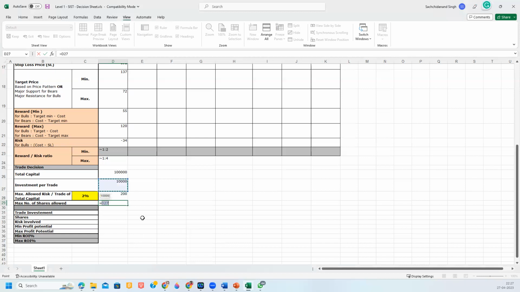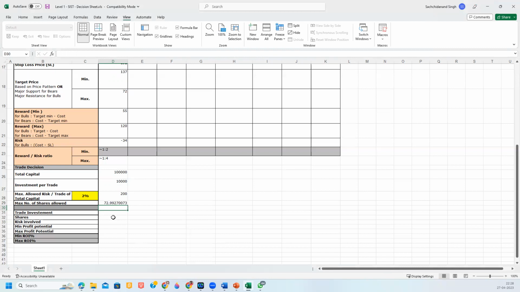So 137 is the minimum target price. The minimum target price is D18. Yeah, minimum is D18. It's better to put the reference, Sachin, not good to put the rate. Correct. So it is around 72 or 73 shares we can purchase.